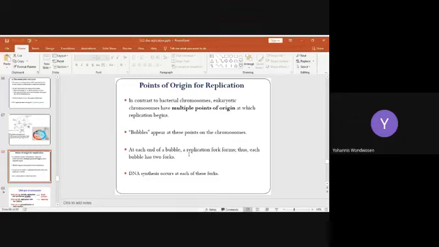We already discussed that, and thus each bubble has 2 forks, the left side fork and the right side fork, and DNA synthesis occurs at each fork.